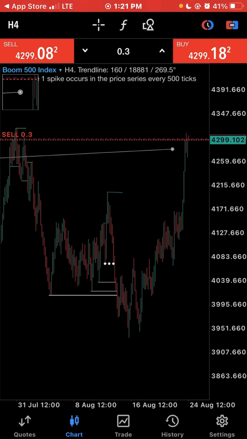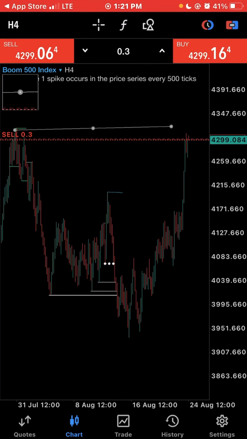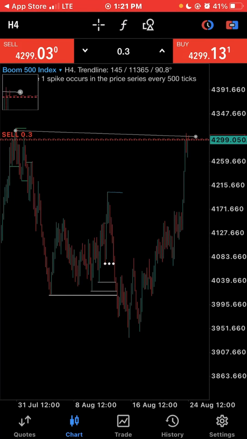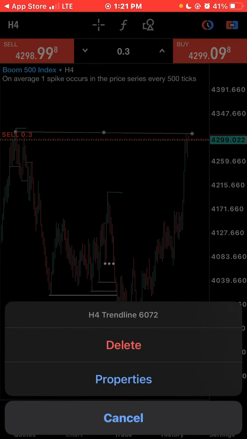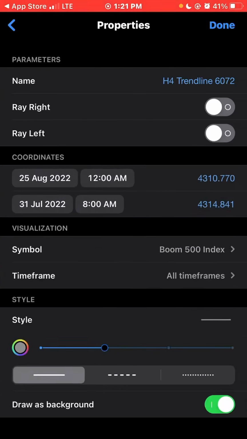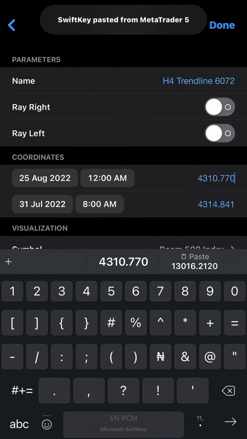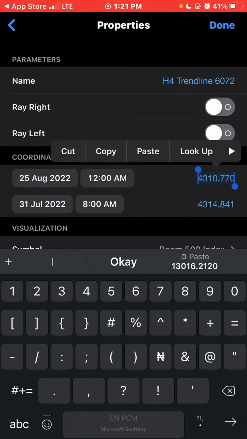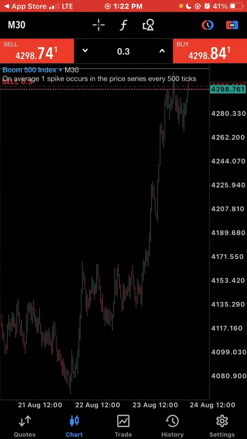This is a very simple strategy. This was the highest point today. So let me just straighten it. Why did I take the trade?